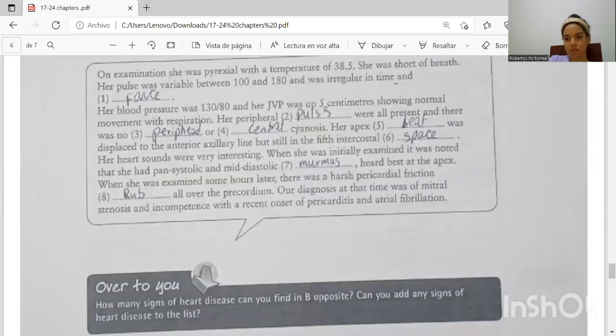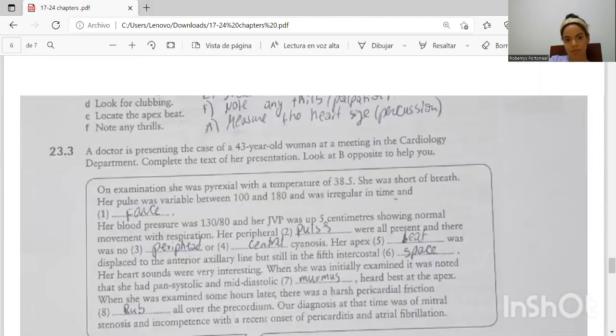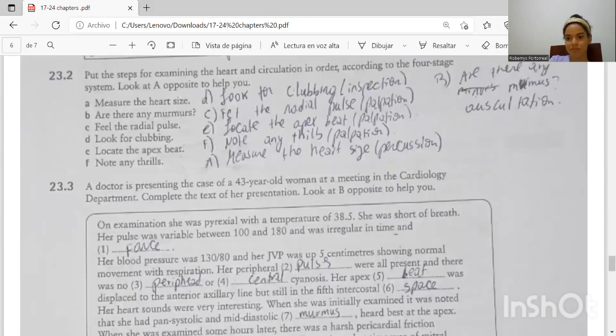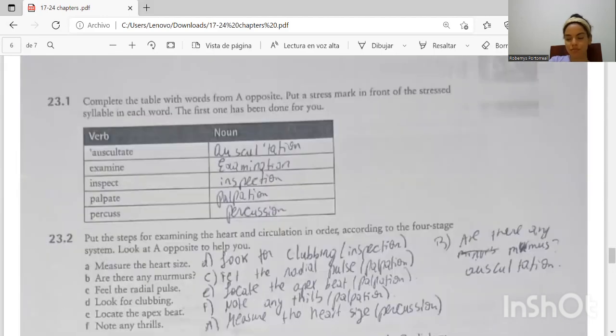Chapter number 23. The topic of chapter 23 is the heart and circulation 2. Exercise 23.1. Complete this table with words from A opposite. Put a stress mark in front of the stressed syllable in each word.